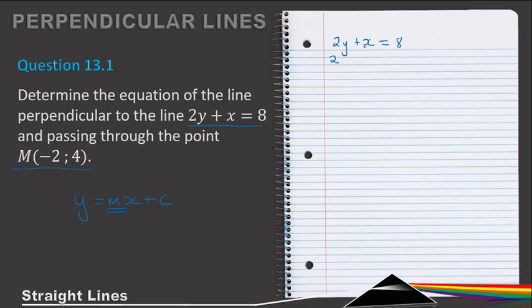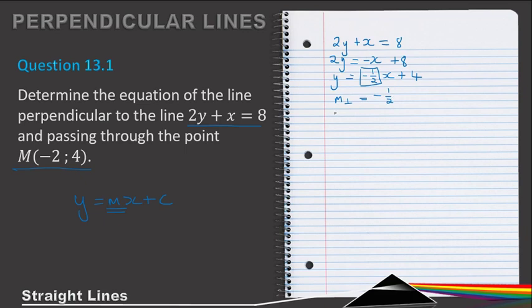So starting, I take the x to the right hand side, so 2y is equal to negative x plus 8, and then divide everything by 2, y equals minus a half x plus 4, and then I know there is my gradient. So my perpendicular gradient is negative a half.